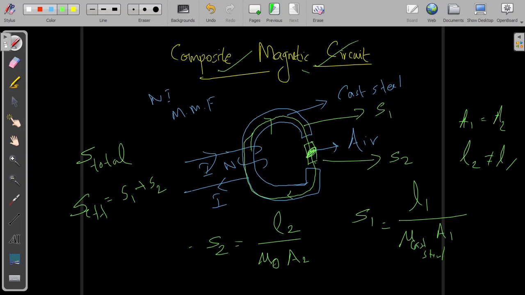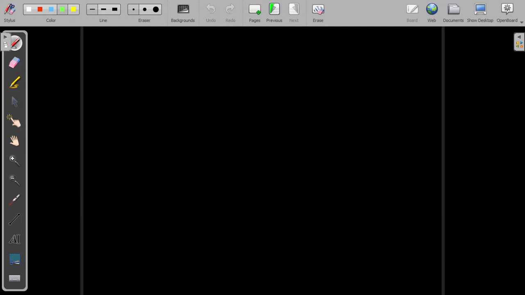It is like your electric circuit. In an electric circuit, current flows through two different materials connected in series.